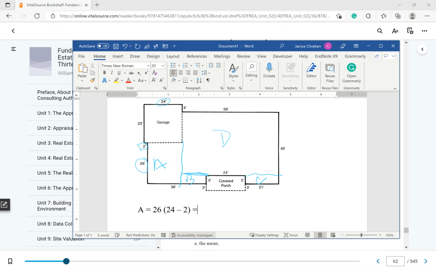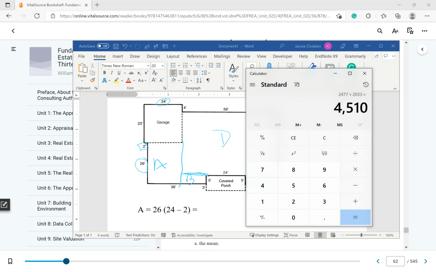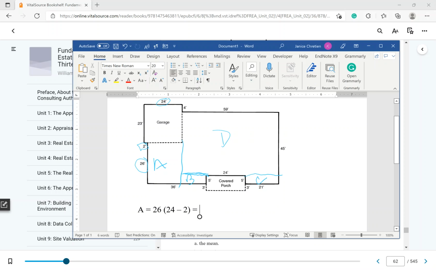So we've got 26 times 22 is 572. Let's double check my math there. So area A is 572.